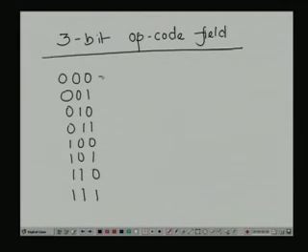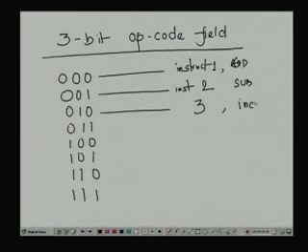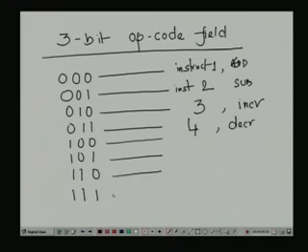Now 000 means one instruction, say add. Say 001 means another, instruction 2, so this is subtract. Say 010 is instruction 3, so this is some increment, and 011 is instruction 4, this is some decrement. Like that, 100 represents something, 101, 110, 111.